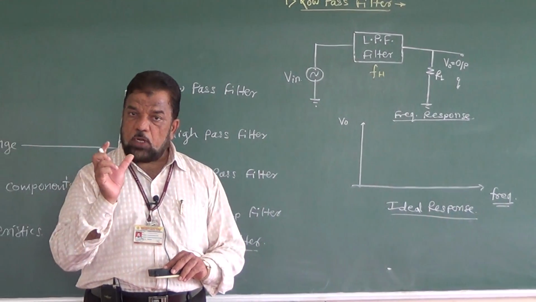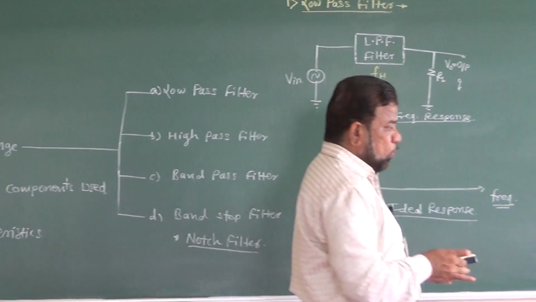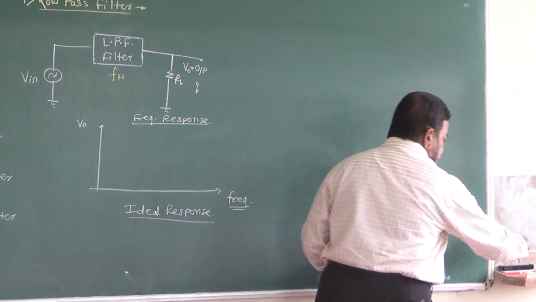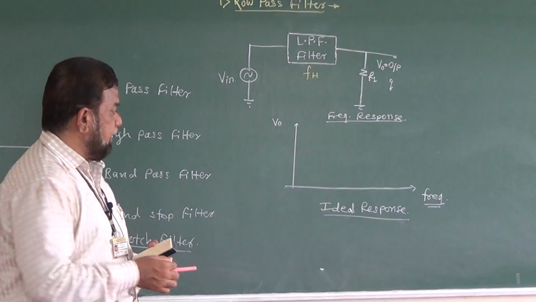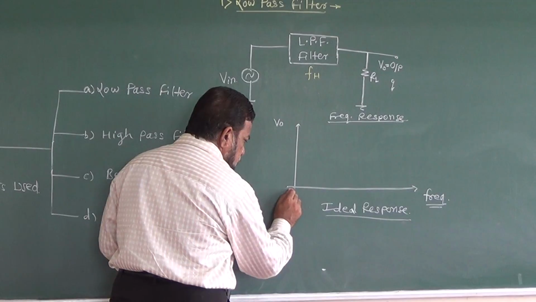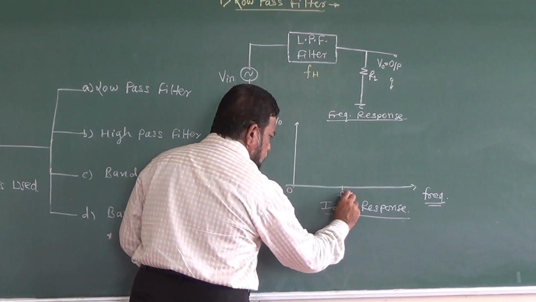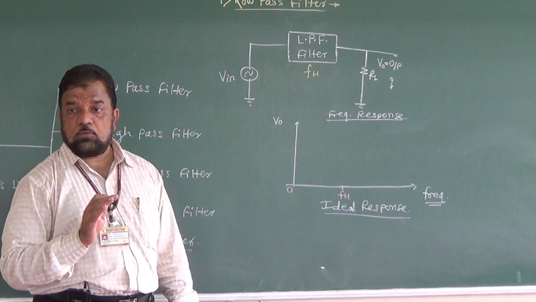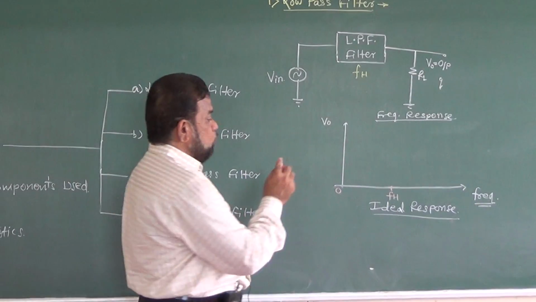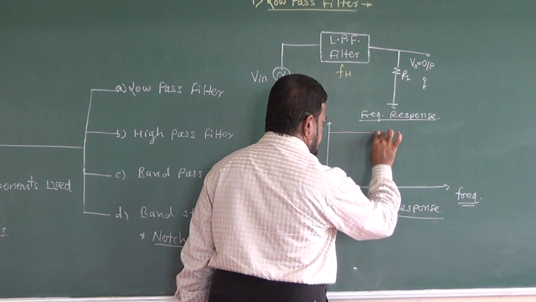There exists one frequency where attenuation is 0. Now attenuation is 0 means there is entire transmission. That means whatever the signal is there, that signal gets transmitted. So from 0 Hz to frequency FH, which is called the cutoff frequency, there is no opposition, no attenuation. Whatever your signal is, that signal is transmitted like this.